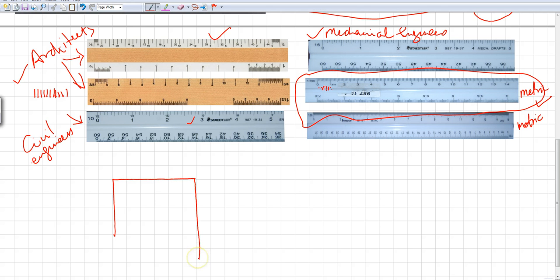Obviously it's not detailed or anything, it's just a single line, and I will use my architecture scale to measure it. Okay, and then I will put maybe a bathroom over here. So what we have is the living room, we have the kitchen, then this is the bathroom, and this is the bedroom.